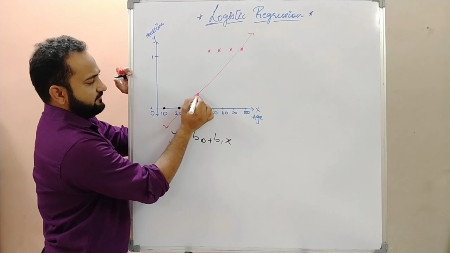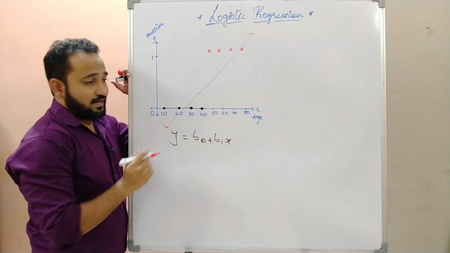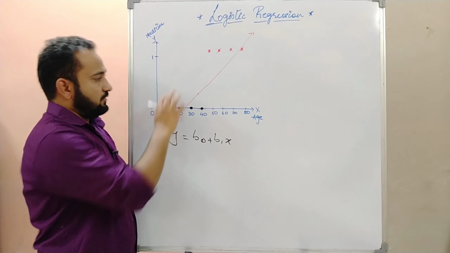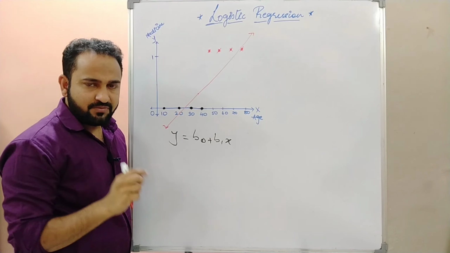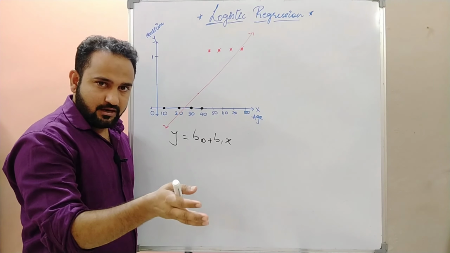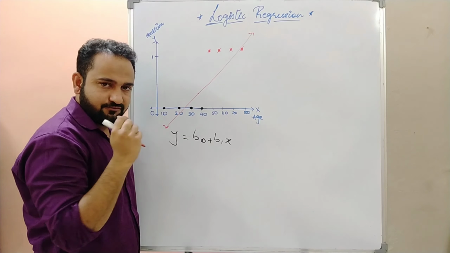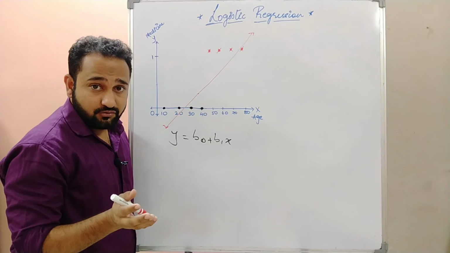For example, for 35, the value is somewhere here, so it will be 0.3 or 0.4. So that's what we will be getting. Based on that 0.3, 0.4 or 0.7, 0.8, whatever value you are getting between 0 and 1, will you be able to decide whether the person with that particular age will buy the medicine or not? You won't be able to, right?